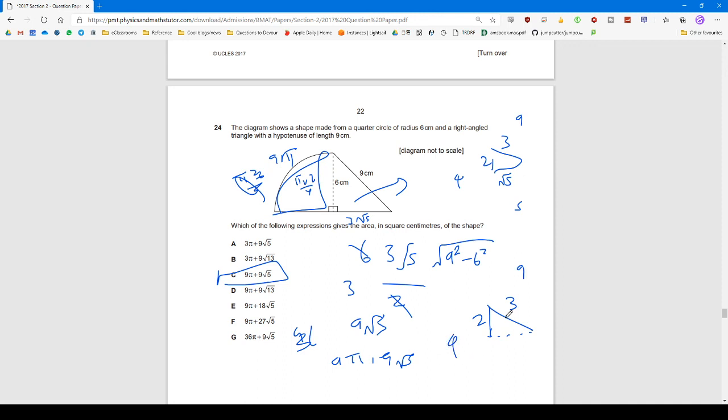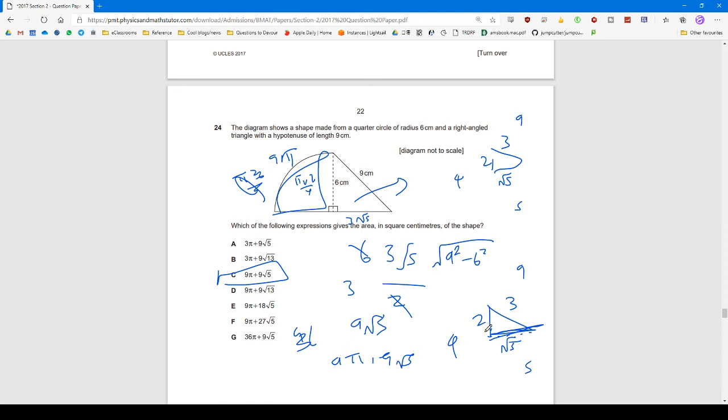You're squaring the numbers because you want to use Pythagoras' theorem. 9 minus 4, 5. Root 5. That means root 5 is the bottom here, because you go 3, square that, 9, 2, square that, 4. 9 minus 4, find the square of the other side, square root, root 5. And then you scale up. So you go 6 and 3 root 5.